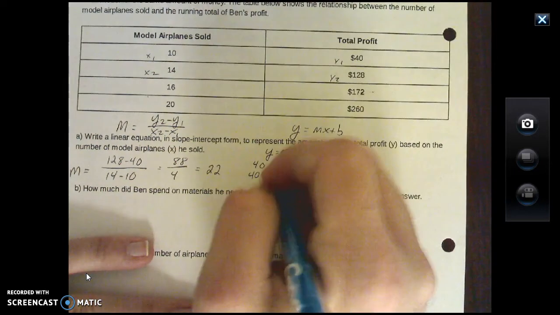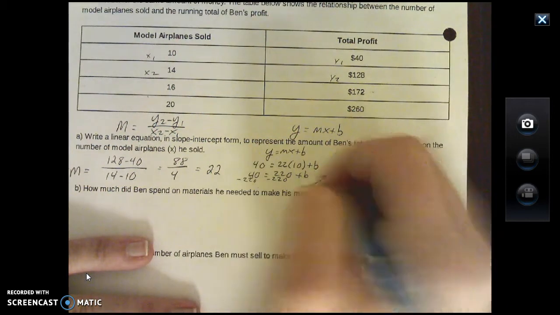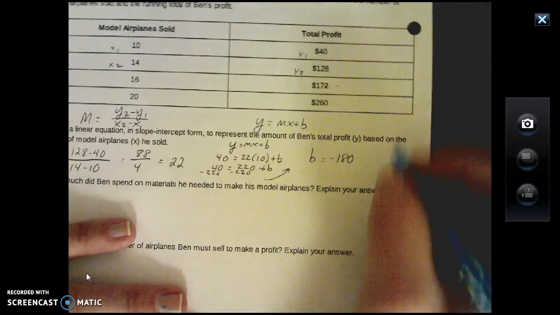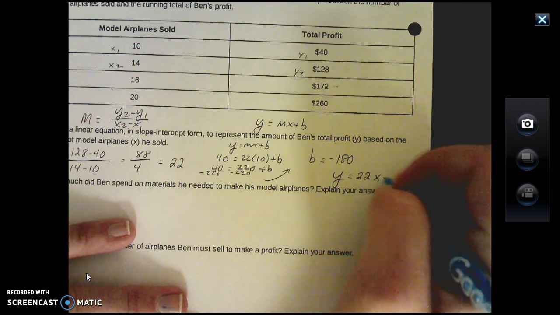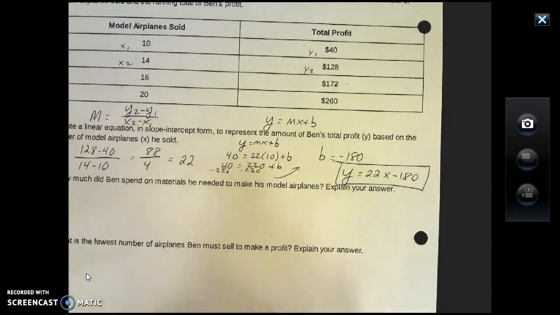If I subtract 220 over, I'm going to get b equals negative 180. Alright, so my final equation is y equals 22x minus 180. Cool. Now, that's all well and good.